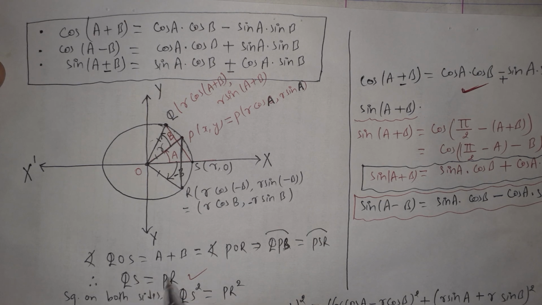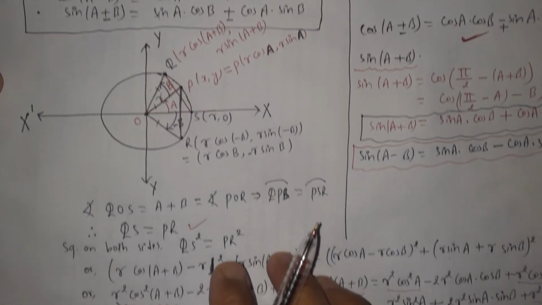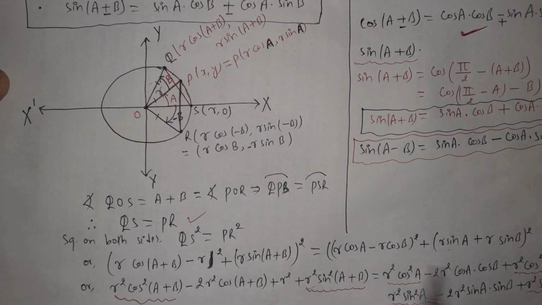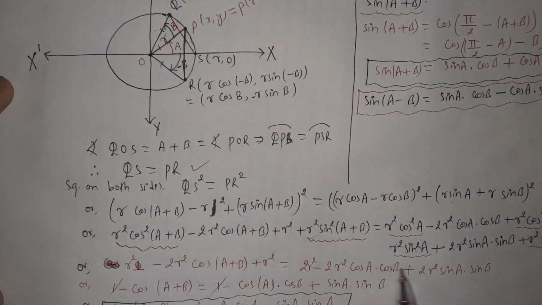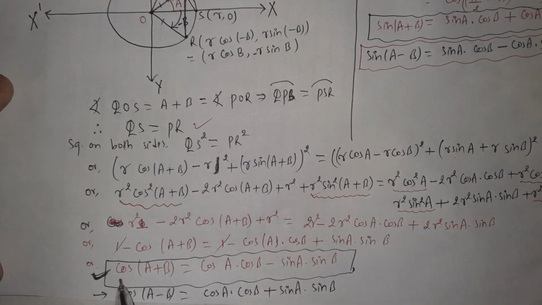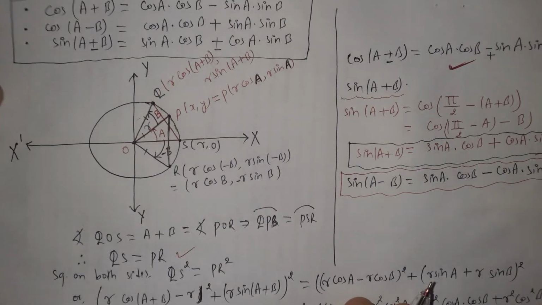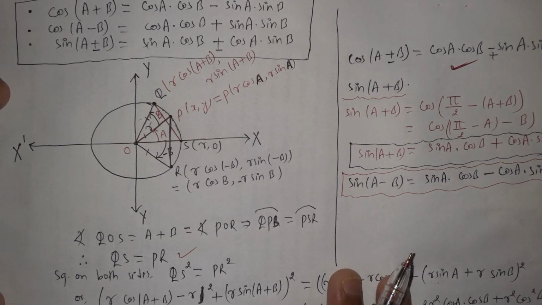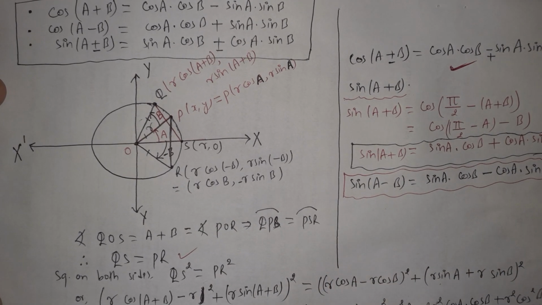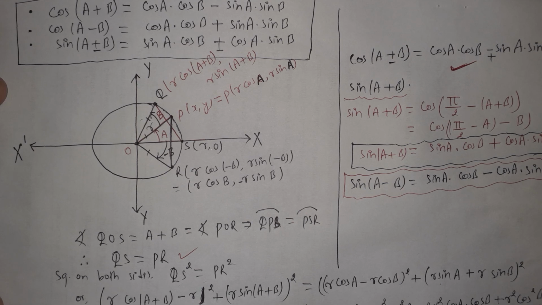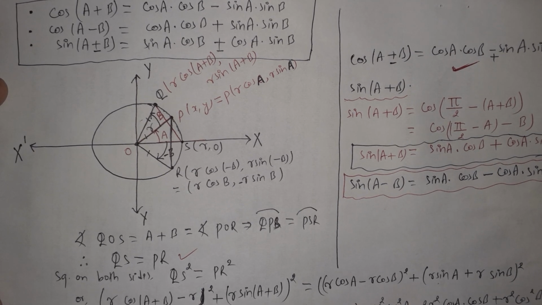These chords are equal here, and then we square both sides, and for finding the distance between the points we use the distance formula, and then simplify, and finally we get our required expressions. Similarly, we proved the other relations by using the first relations. This is all about the proof of the compound angles for the trigonometric ratios.